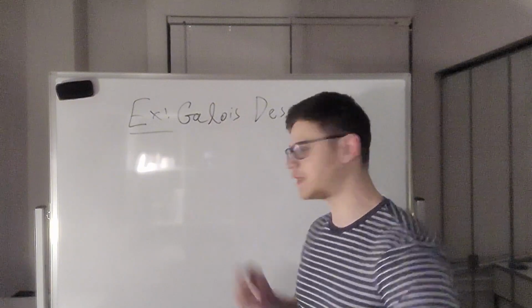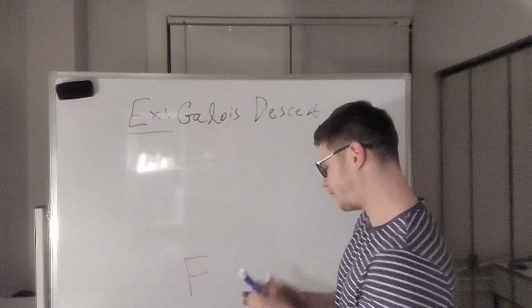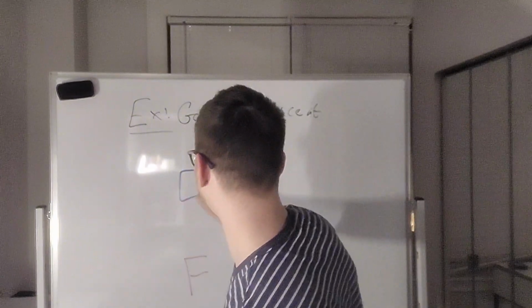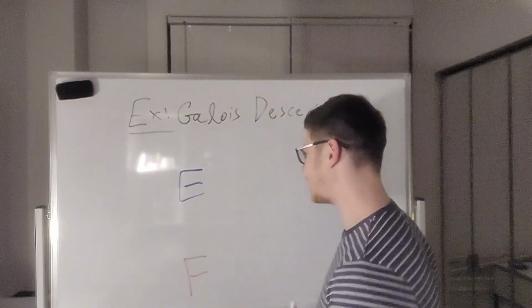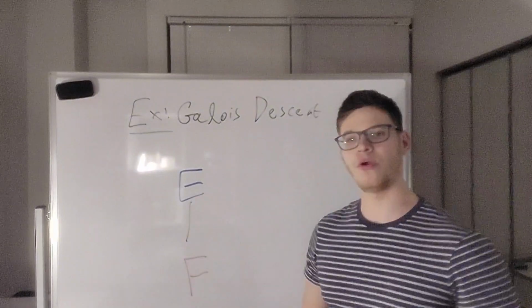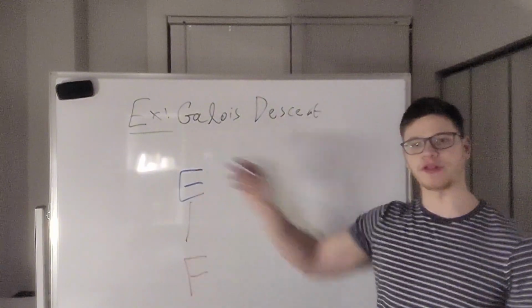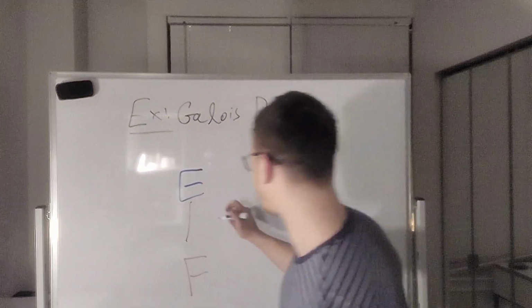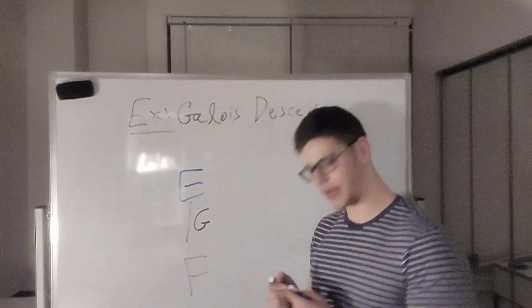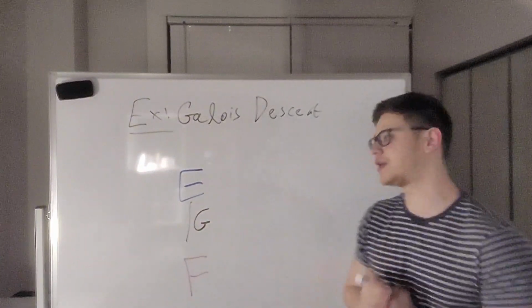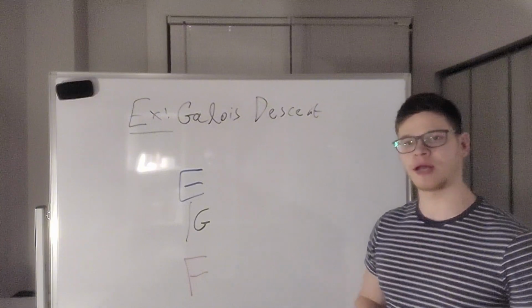So suppose we have a field F down here, and we have a field E lying above it. In this case, that means that E is a field extension of F, or in other words, F is a subfield of E. And we also suppose that this extension is Galois with Galois group G. What does it mean that the extension is Galois?